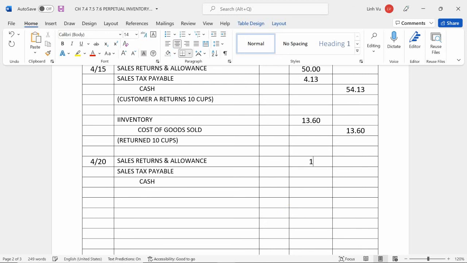which gives me $18.75. Because again, this is an allowance. I'm not giving him all the money back. I'm giving only 15% back. Okay? Now, out of the $18.75, how much tax am I going to be charging? $1.55.